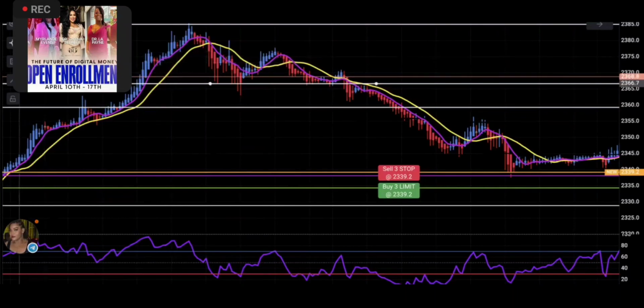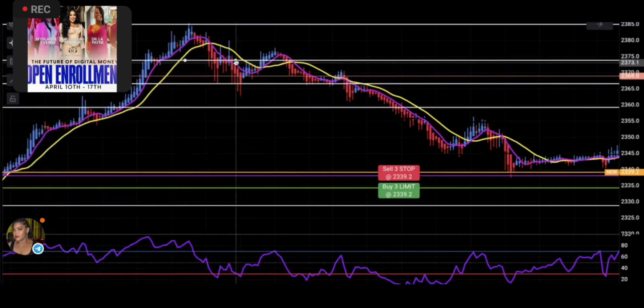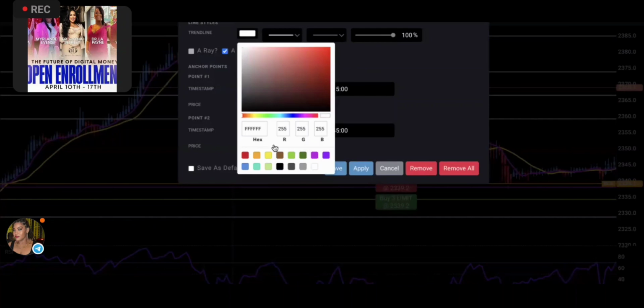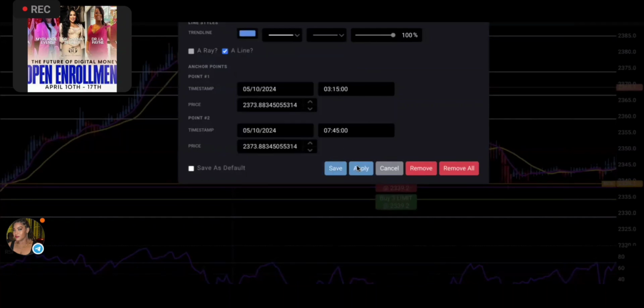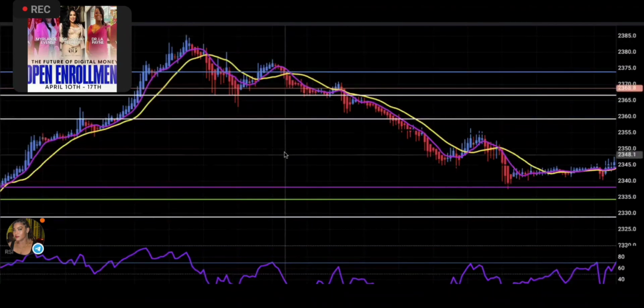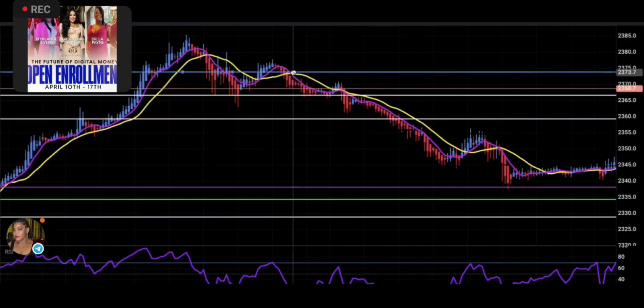Sorry, that didn't work. Try that again. Because it's for a buy, I'm going to change it to blue. So that I know, all right, that this is a buy I'm looking to get into. All right, so this is right about in here.